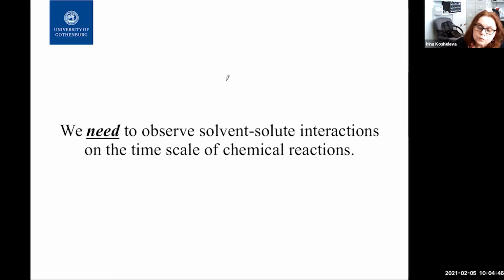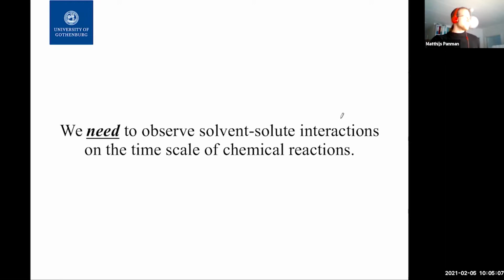Now, separating the contributions of the solute, the solvent, and the solvent-solute interactions is usually fairly tricky using conventional techniques which are used to study solution phase chemical reactions, such as transient absorption spectroscopy.